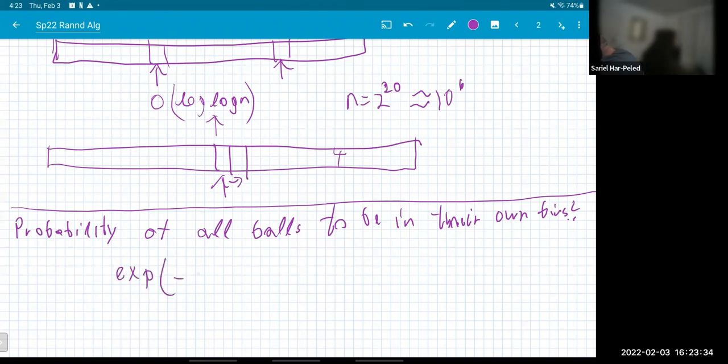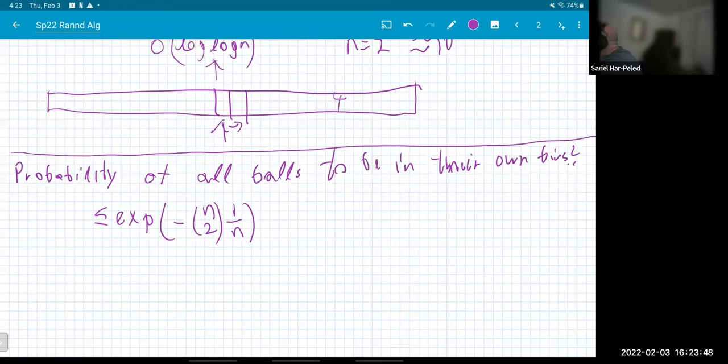So I thought that we were going to do something more interesting, but no. So I proved that the probability of this is smaller than this, and this, of course, is smaller than exp of minus (n minus 1) over 2.